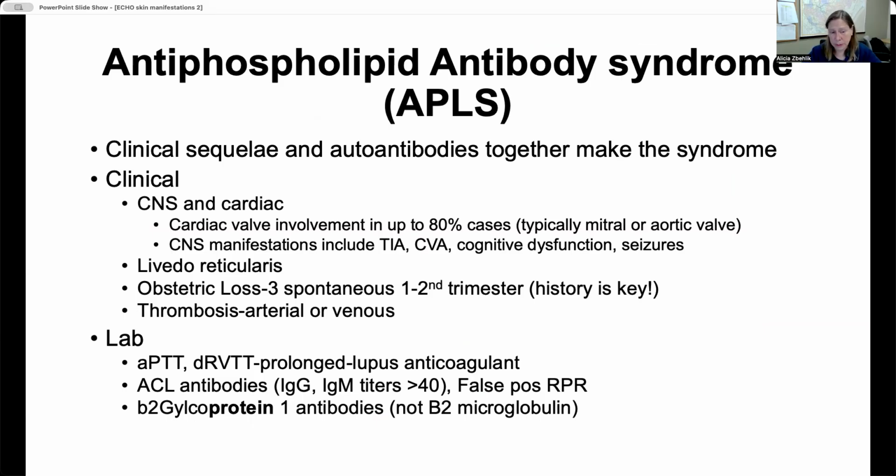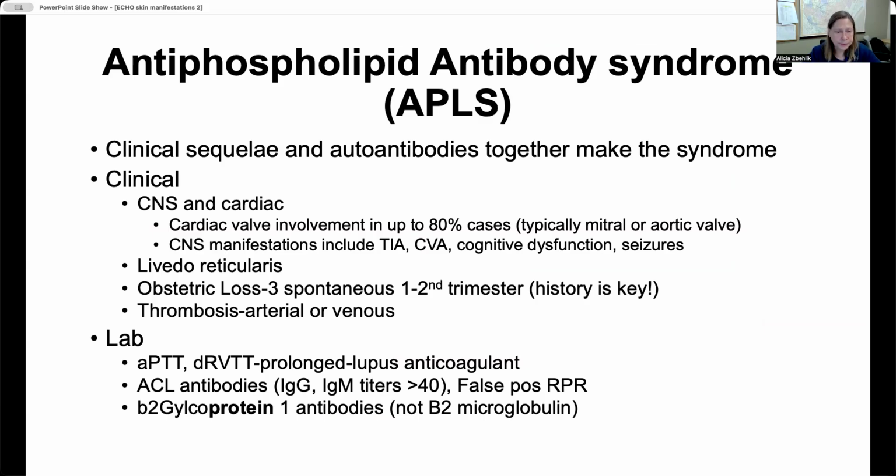The labs that would be positive, you can have a prolonged APTT, and a positive lupus anticoagulant that goes along with that. Anticardiolipin antibodies, and you're looking for higher titers of those. Usually ones that are just a little bit above the upper limit of normal are less likely to be significant.